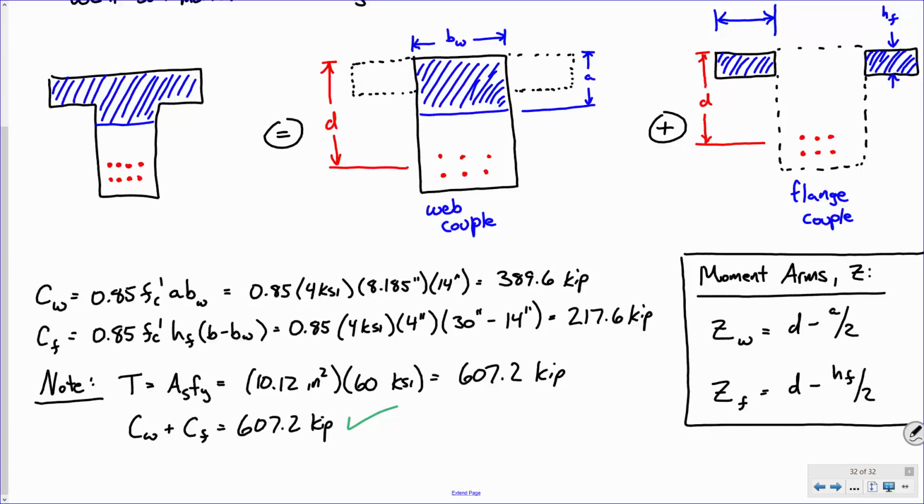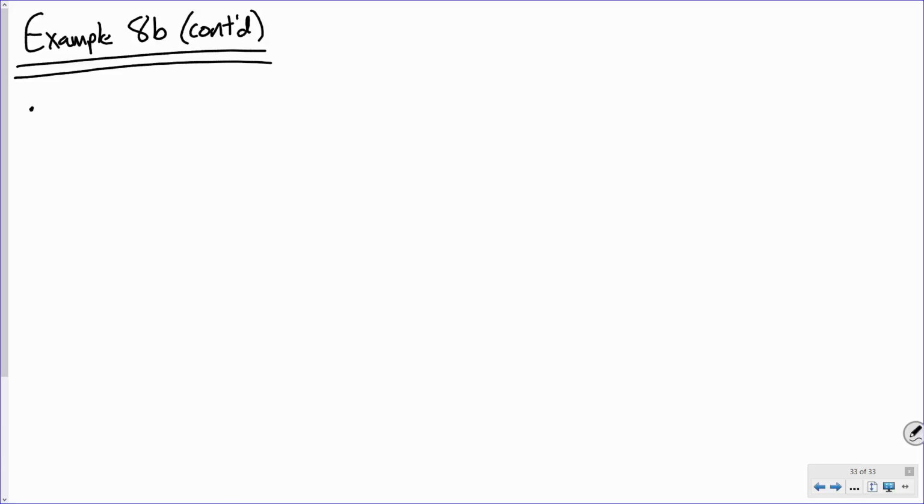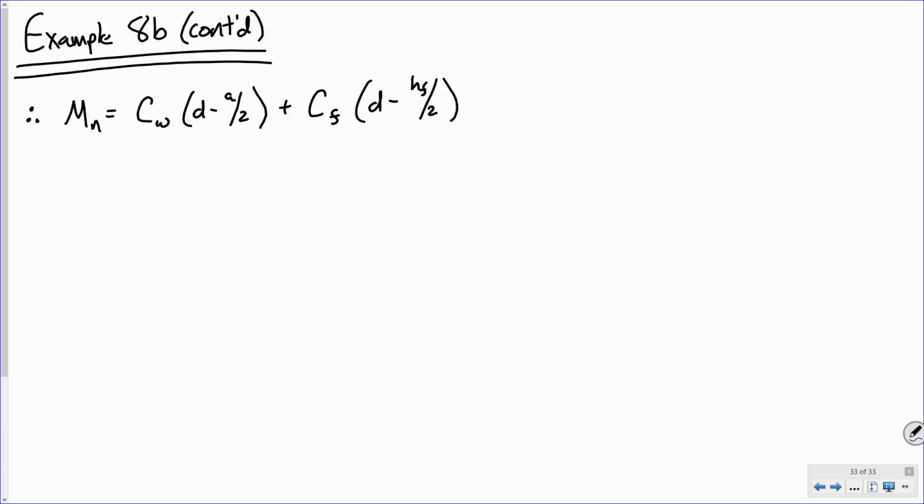I'm going to skip to the next one if everybody's good. So therefore, I propose to you that Mn is not As fy (d minus a over 2). I propose that it's C sub w times (d minus a over 2) plus C sub f times (d minus hf over 2).